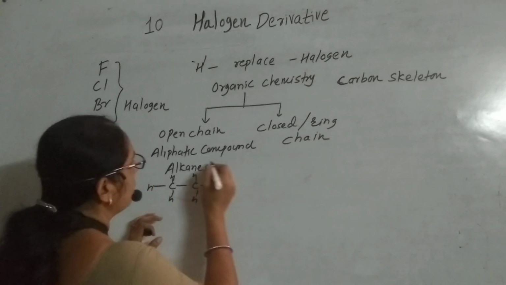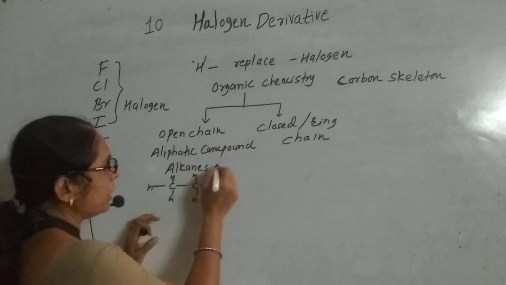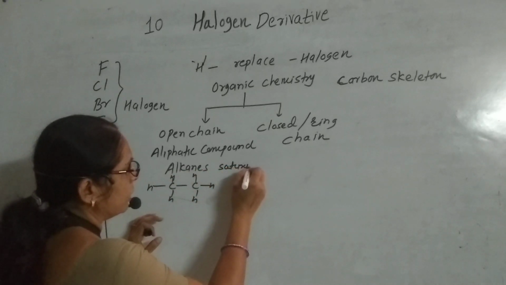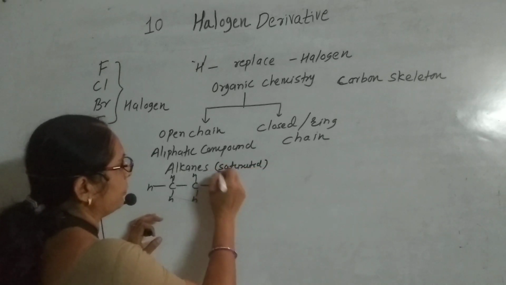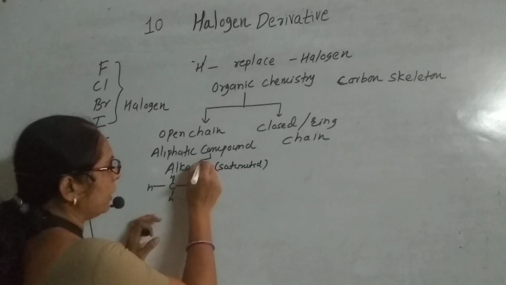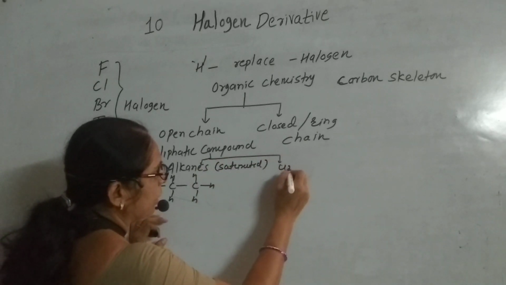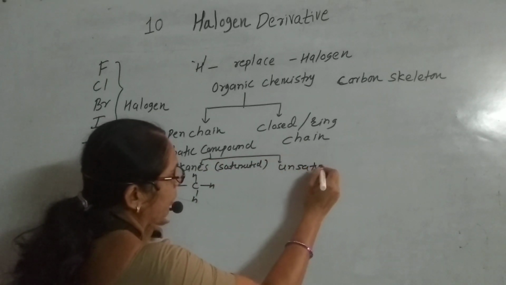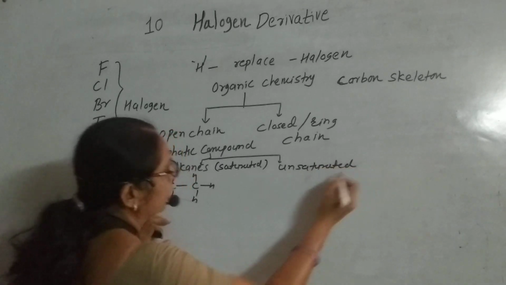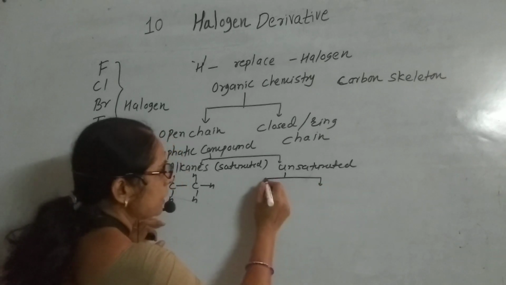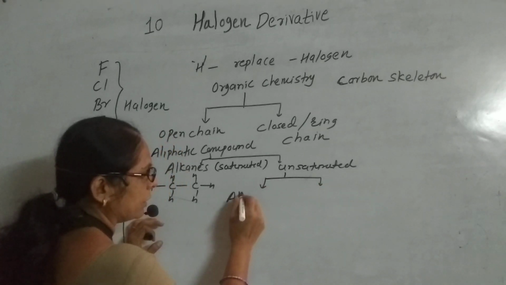When I say open chain compound, alkane is a type of saturated aliphatic compound. Similarly, I consider unsaturated compounds. They are also open chain compounds that contain alkenes and alkynes.